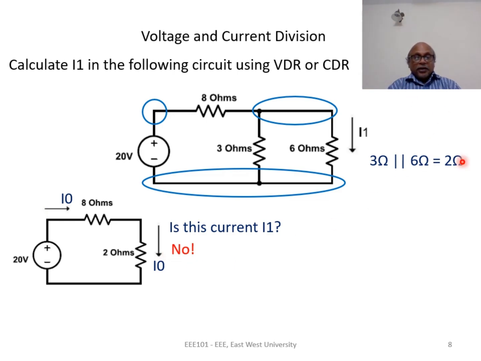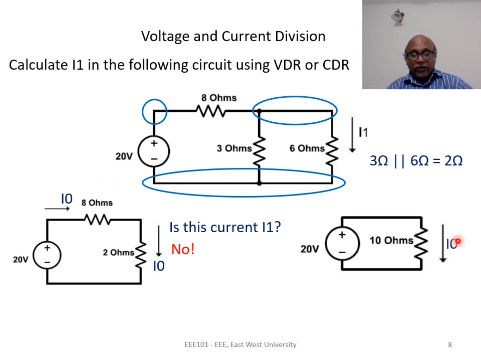Okay, now 8 ohms, 2 ohms are in series. We can combine them. The equivalent is 10 ohms. And I have already mentioned before that in case of series combination, the current does not change. So the current through equivalent 10 ohms is also I0. In this circuit, we can easily calculate I0 using Ohm's law. I0 is 2 ampere.